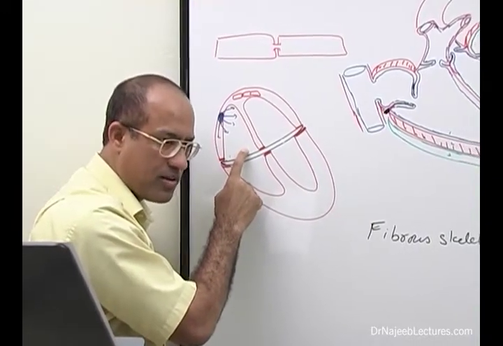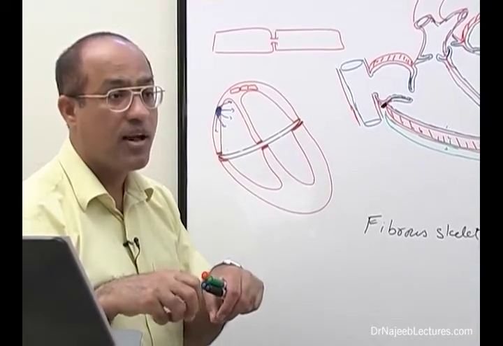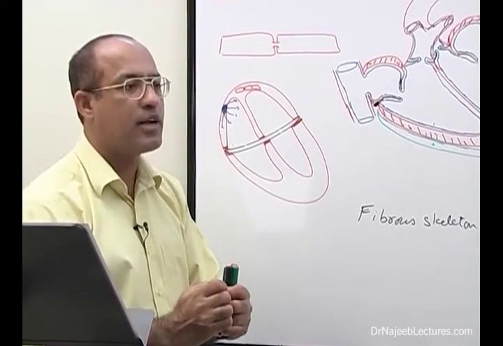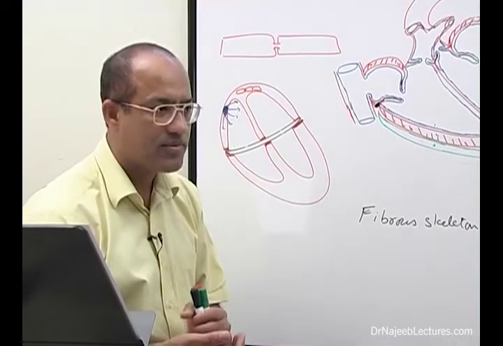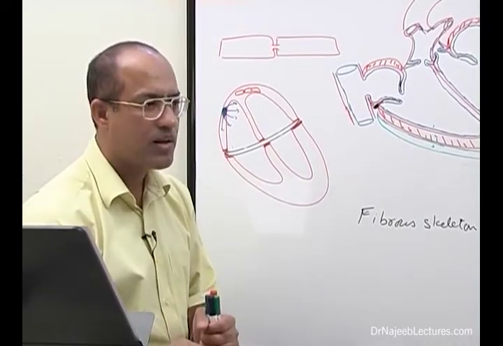Again, let me repeat: atria should pump first and fill the ventricle. Once the atria fill the ventricle, only then should the ventricle contract and propel the blood into the major arteries, right ventricle to the pulmonary artery and left ventricle to the aorta.